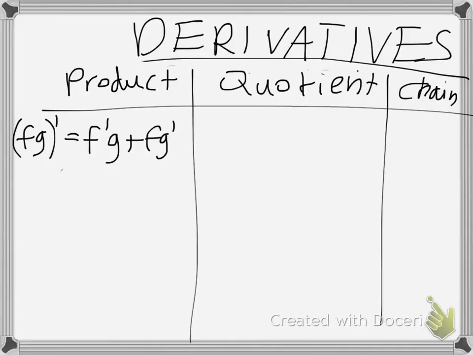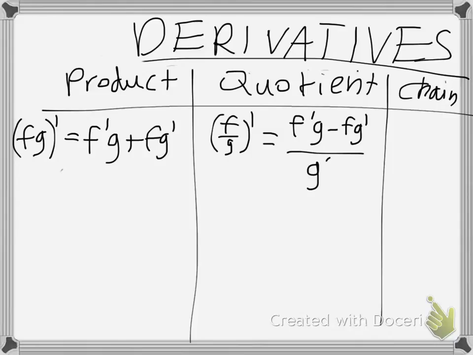The quotient rule says that f over g prime equals f prime g minus fg prime over g squared. These f and g's are all functions. They're not variables. They're functions of variables.